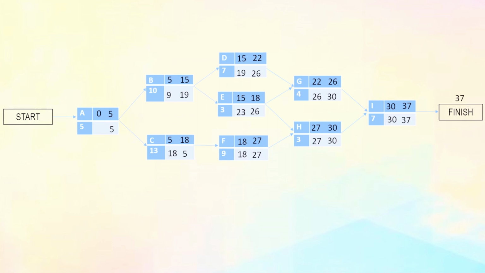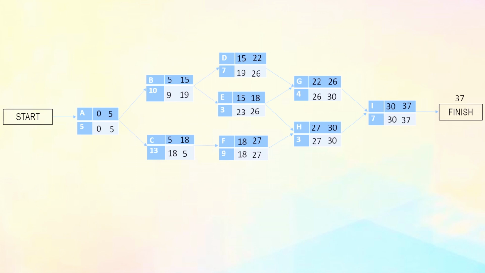Now slack for an activity is defined as how long the activity can be delayed without extending or increasing the project completion time, and is calculated as LS minus ES or LF minus EF. For A will be 0, or 5 minus 5, which will be 0.